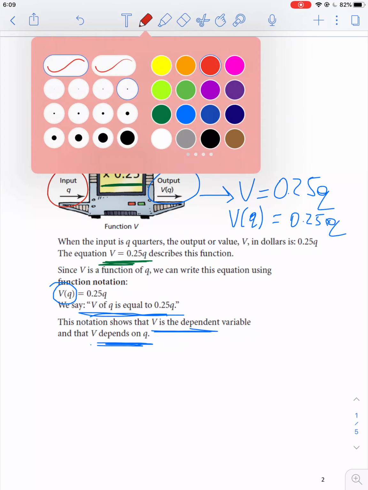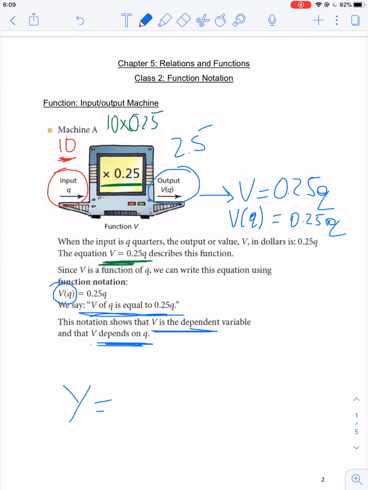The functions that you've seen before, right? Let's just go with this one. So y is equal to 2x. You see my y value over here depends on what the x value is. This is how you've probably seen functions, but you can also rewrite this as y of x is equal to 2x.